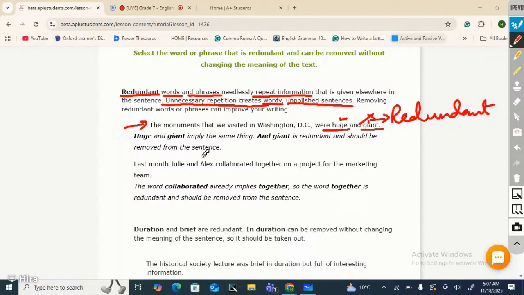Last month, Julie and Alex collaborated together on a project for the marketing team. Well, the word collaborated already implies together, worked together. So the word together is redundant and should be removed from the sentence.